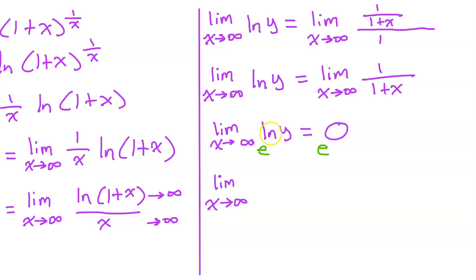Base e and natural log are inverse functions, so they cancel each other out, and that leaves you with just y. And then we have e to the 0 power, but a constant raised to the 0 power is 1. So the limit as x approaches infinity of y is 1. And this is the final answer.